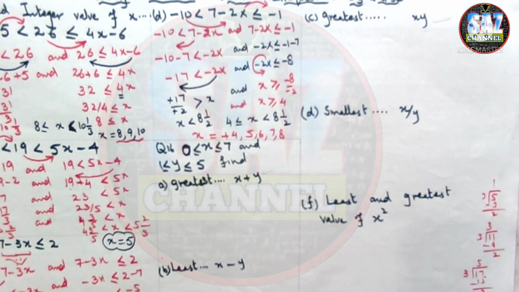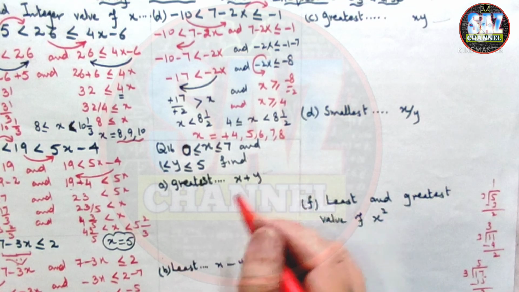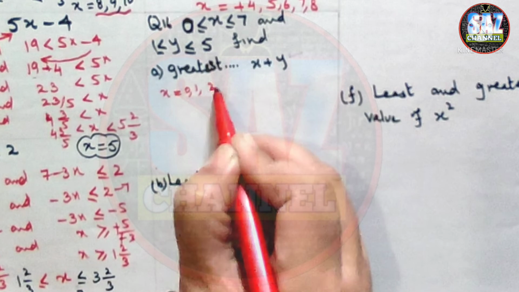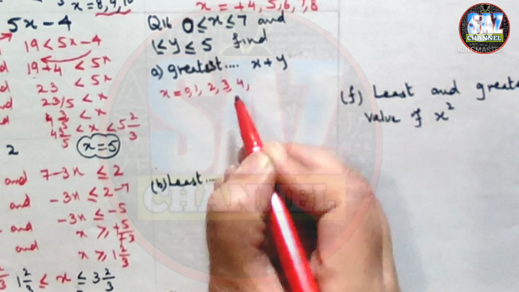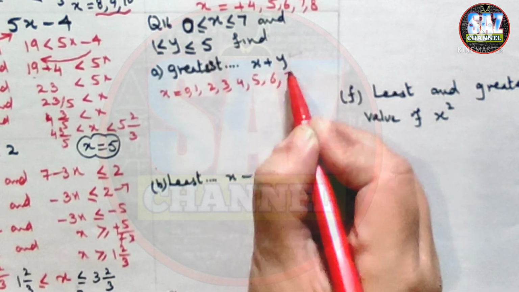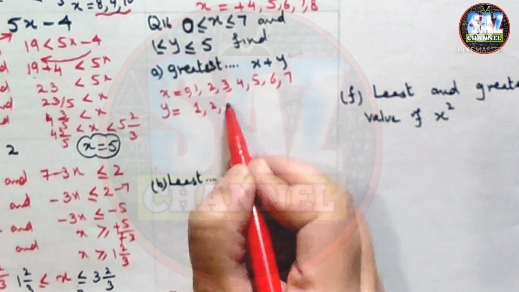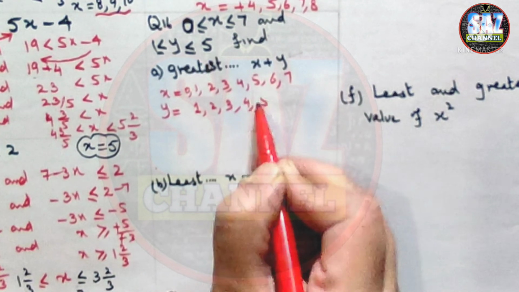So first of all, we have to see that the given question is in the form of ranges. So first of all, let's write down the values of x. So x can take the values 0, 1, 2, 3, 4, 5, 6 and 7, and y can take the values 1, 2, 3, 4 and 5.